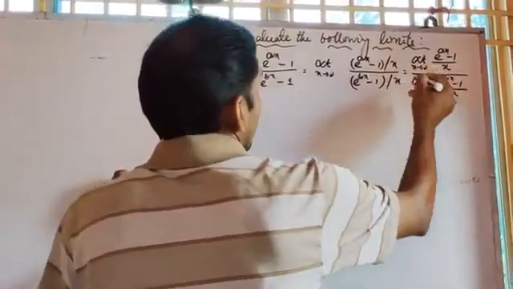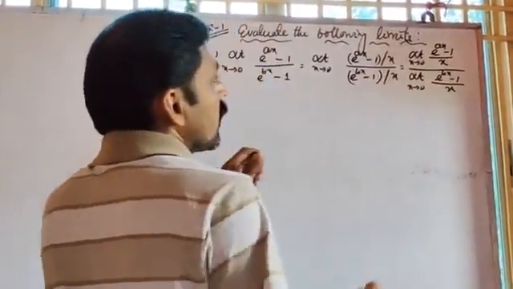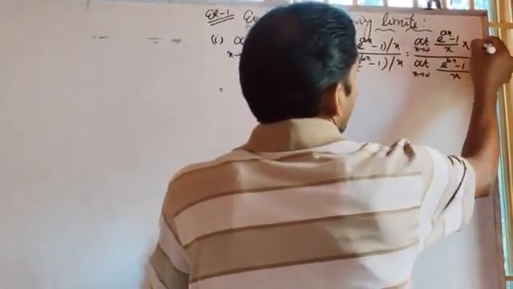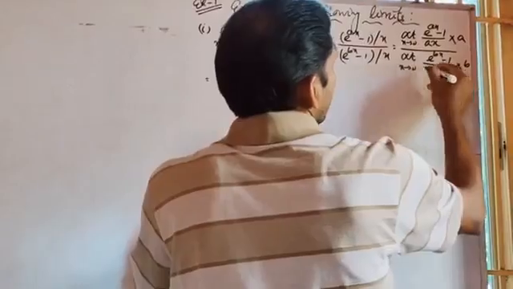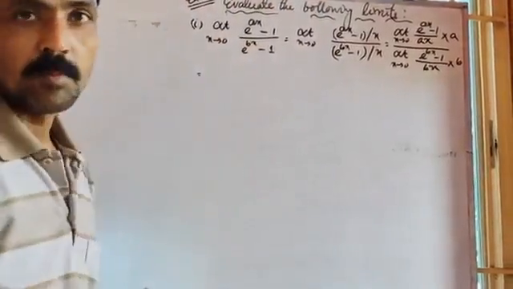Now here in the same step, you multiply it with a and you multiply it with b.